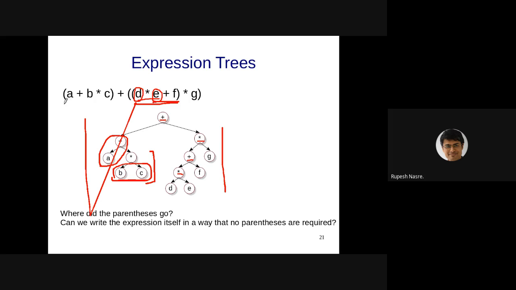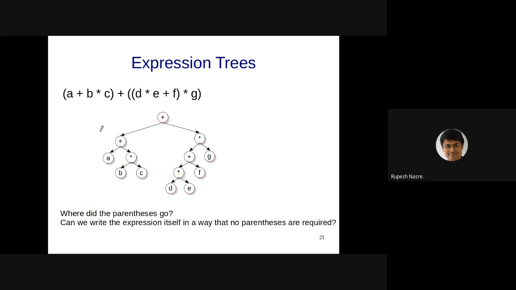For example, in this case, if this is the expression A plus B star C, that is going to be encoded as this particular box, and I can say that the prefix notation is going to be plus A star BC. That is going to be a prefix form.